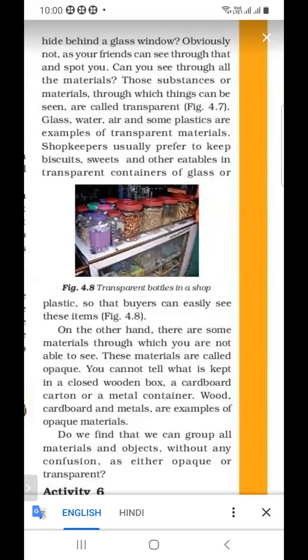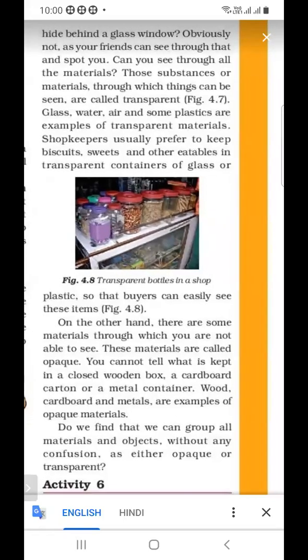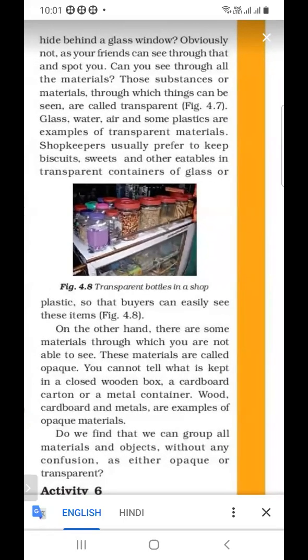So that the buyers can easily see these items. So why do we use a transparent container of glass or plastic? So that buyers can easily see any items.